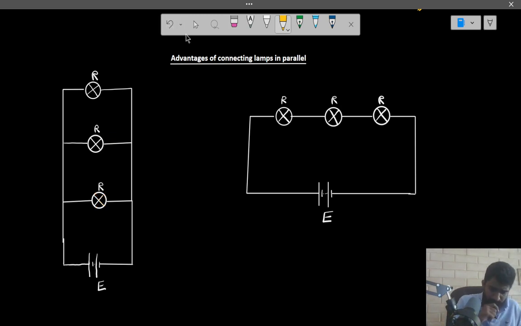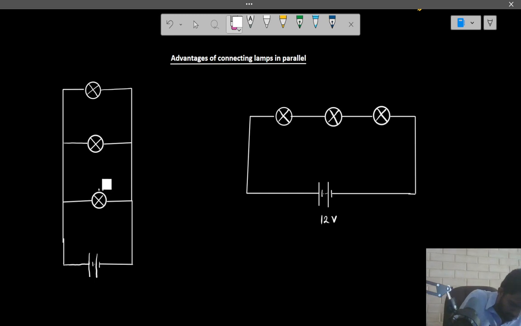So if I consider this is R, and instead of E, I'll use numbers, then it is much easier. So here it is 12 volts, and we have 4 ohms for each bulb. 4 ohms, 4 ohms, 4 ohms.